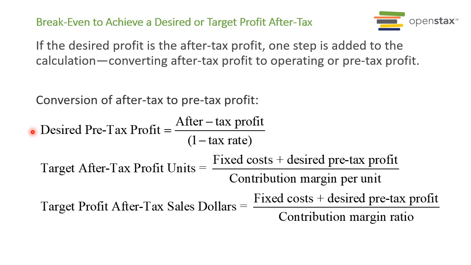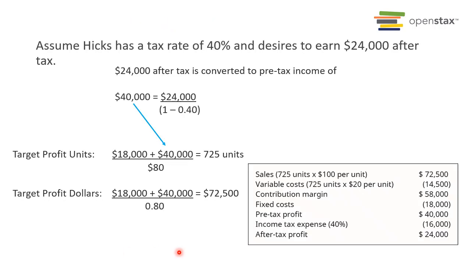So this will be very unique to each individual business based on their geography, but this first formula converts an after-tax profit goal into a pre-tax profit amount, and then you just add that to your break-even target and continue forward. And this is what that would look like.